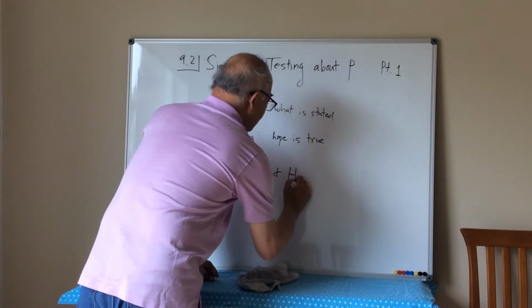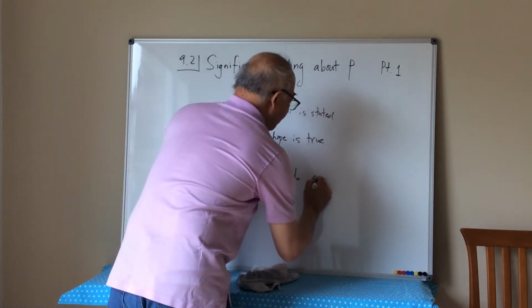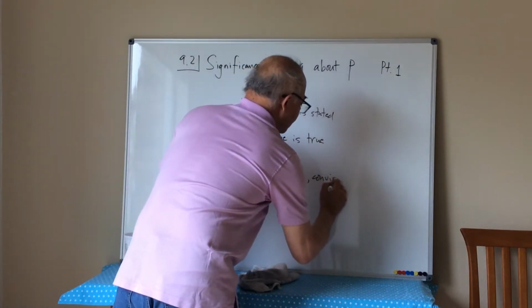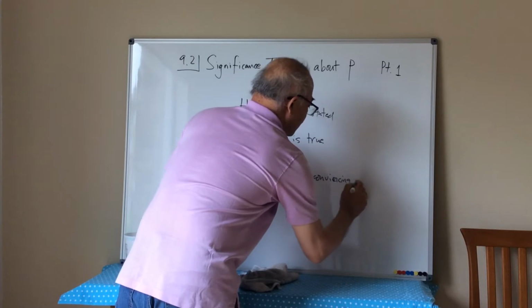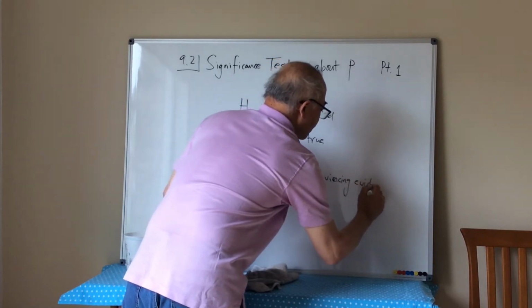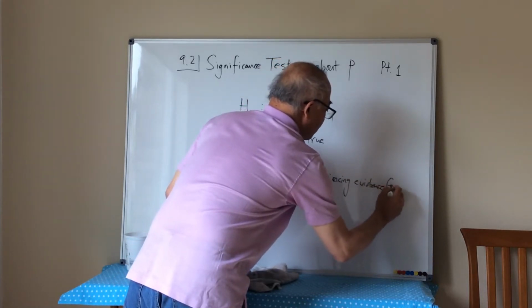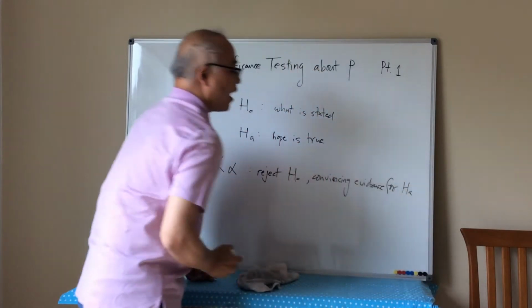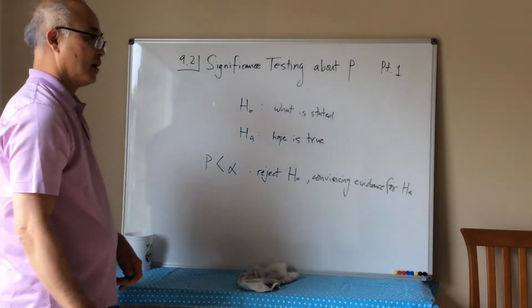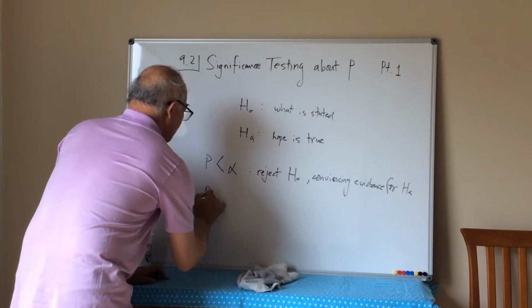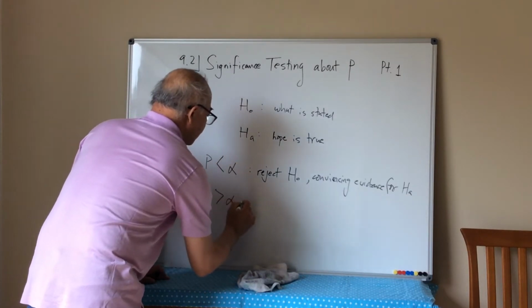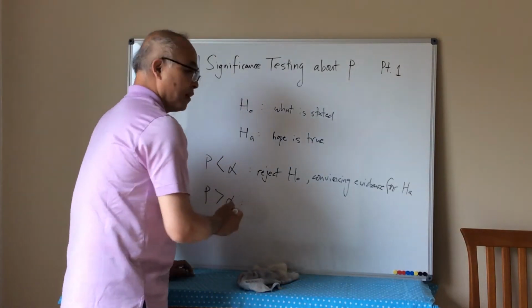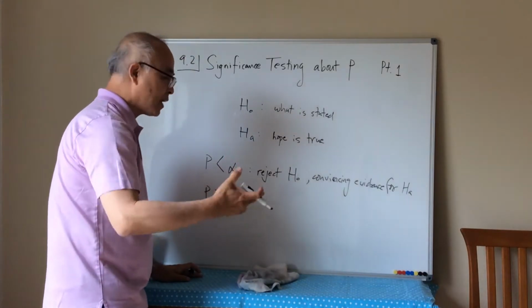We want to reject the Ho, and we can state that we have convincing evidence for the Ha, right? Okay. If for some reason our p-value was larger than the alpha, then we do not accept the Ho. Remember, we cannot accept the Ho.